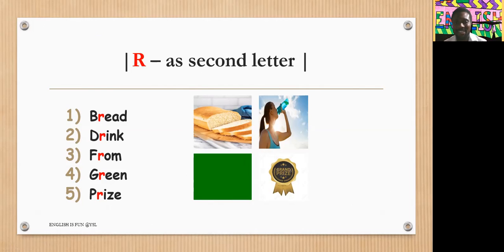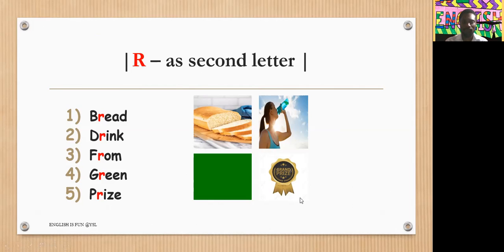But you can see from the word and the pronunciation, you can feel the R sound coming out: bread, drink, from, green. Okay, this is a color, right? Green.